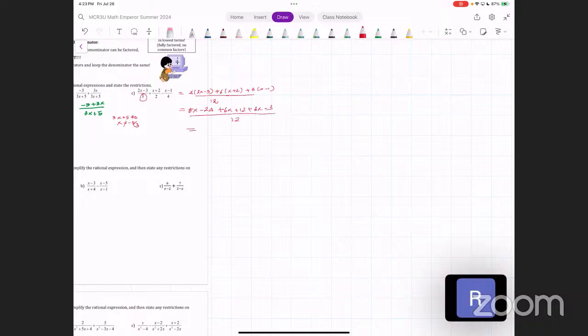Collect the apples. 8 plus 6, 14 apples. 14 plus 3, 17 apples. Minus 24 minus 12 minus 3, minus 15 over 12. No restriction here because on the denominator you got a number. Isn't it supposed to be minus 3 for the third? Either the minus sign in front of x minus 1 over 4.